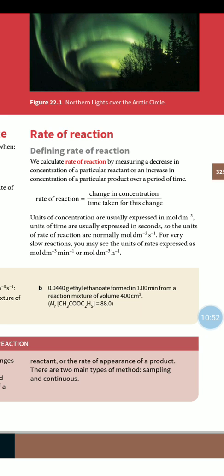Now we are to find the change in concentration, we are deducting the final concentration from the initial one. You don't have to actually worry about the signs. You might get a negative value, it doesn't really affect this.